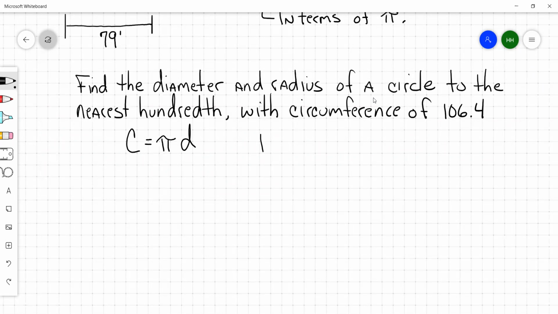So you rewrite this as 106.4 equals pi times the diameter. If you solve for the diameter now, you can divide both sides by pi. And 106.4 divided by pi equals 33.87.